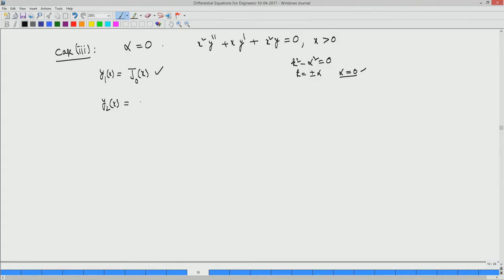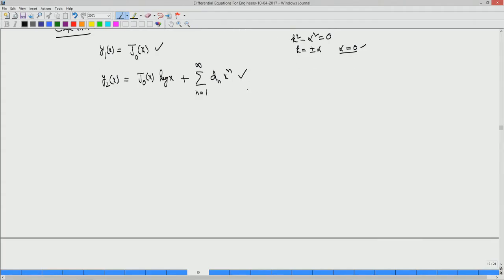It is simply J naught, that is y1 of x, into log x plus x power 0, the other root minus alpha, which is simply 1, plus the sum from n equal to 1 to infinity of dn x power n. This is how you should look for your second solution as in the Frobenius method.